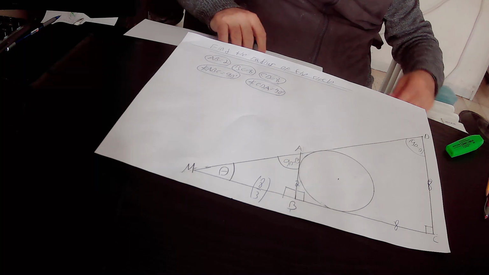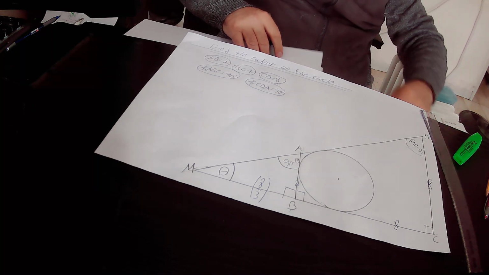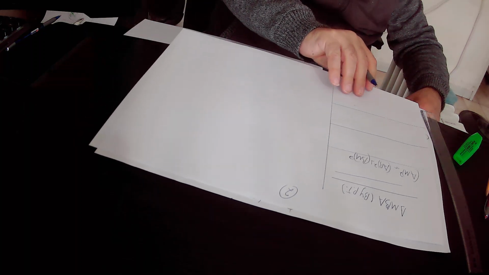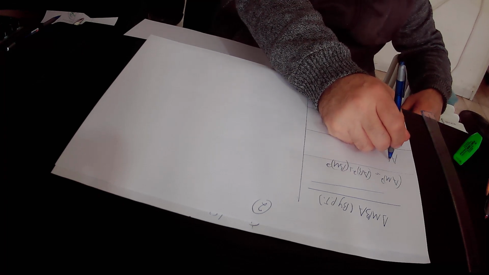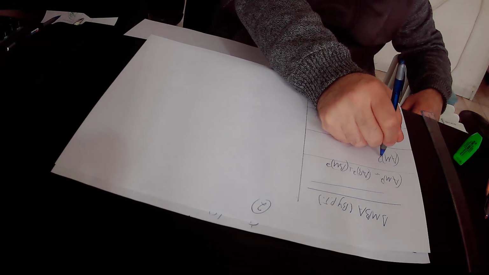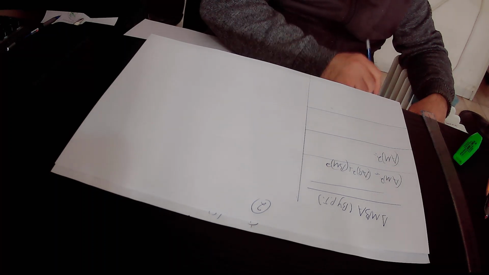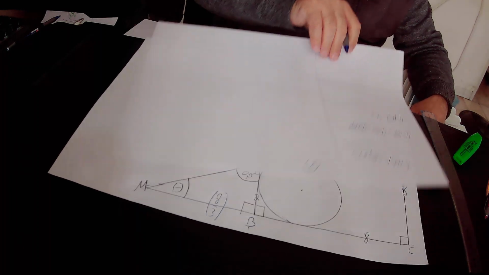In conclusion, we found that AM squared equals AB squared plus BM squared. So AM squared equals AB squared. AB is 2, therefore AB squared is 2 squared, that is 4, plus BM squared.